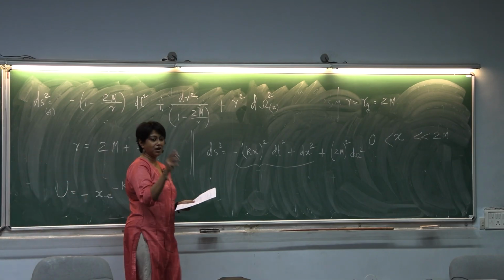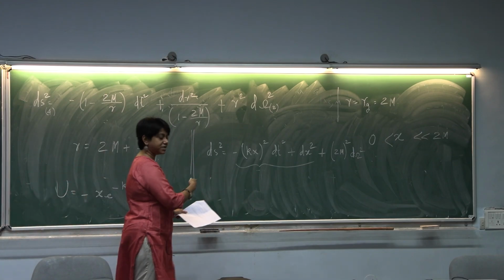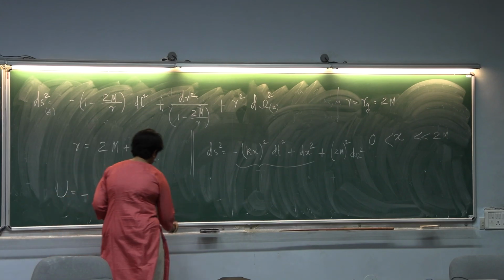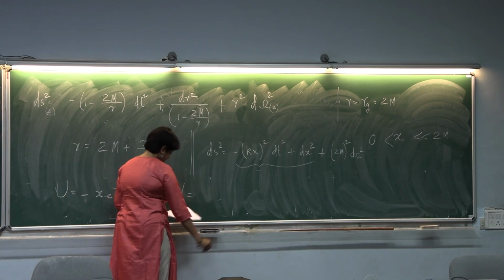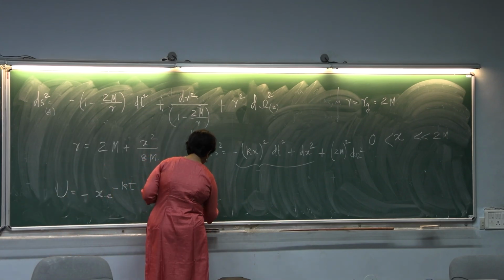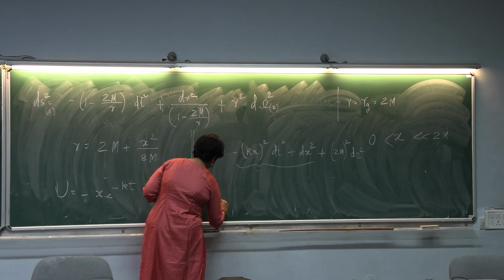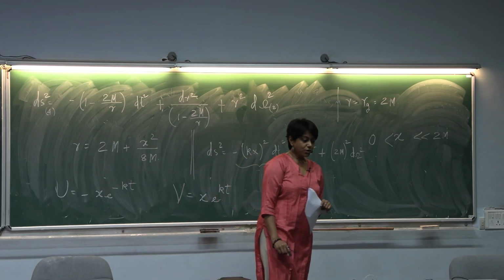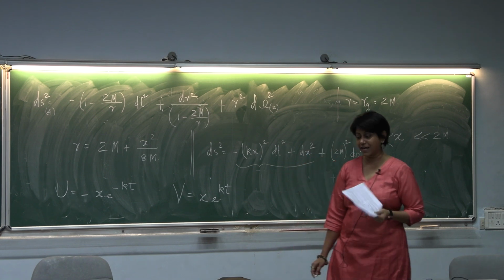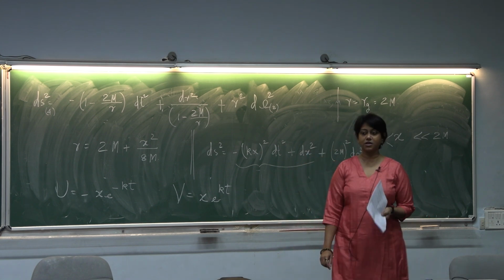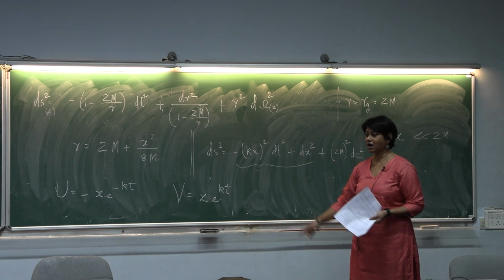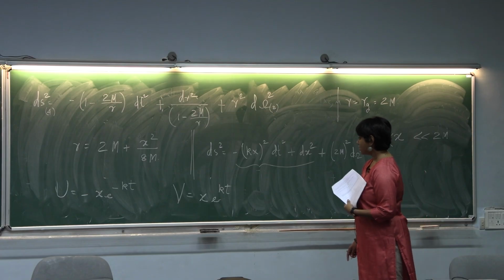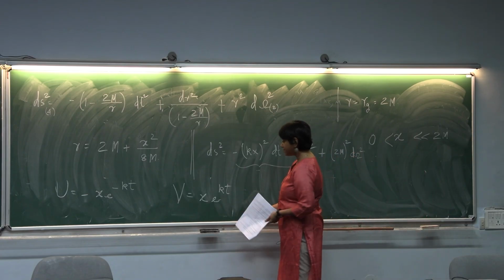I cannot write kappa in that mathcal mode, so please bear with me. V is x e to the power kappa t. With this new redefinition, actually today we will do lots of coordinate transformations to get to our priorities. So u equals this and v equals this.